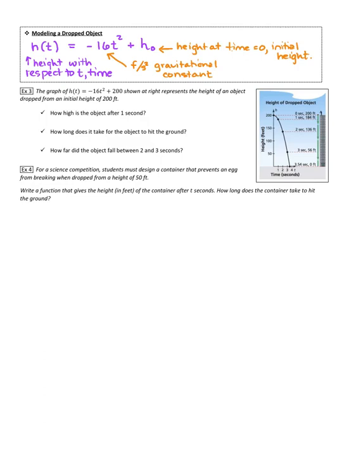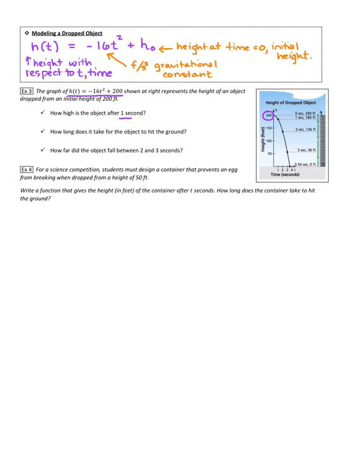So we have here the graph to the right can be modeled by h of t equals -16 t squared plus 200. So that 200 is representing your initial height, kind of like your y-intercept, let t be 0. And we want to find how high is the object after 1 second. These are definitely calculator type problems. They won't always come out really pretty.